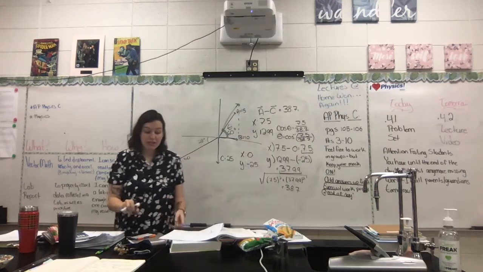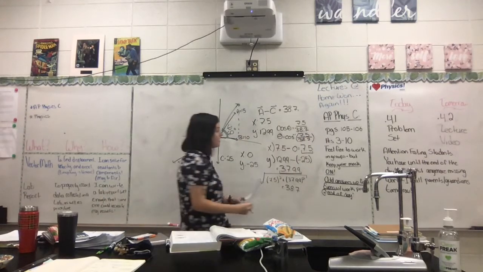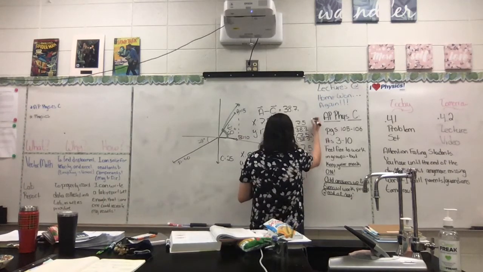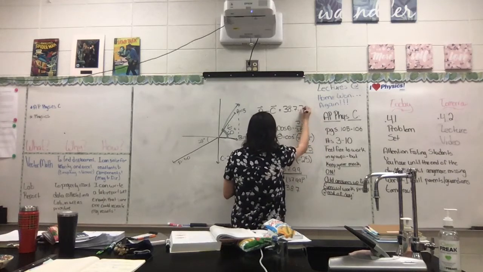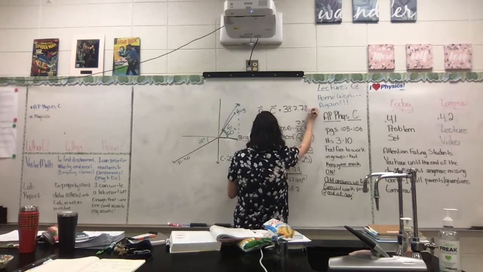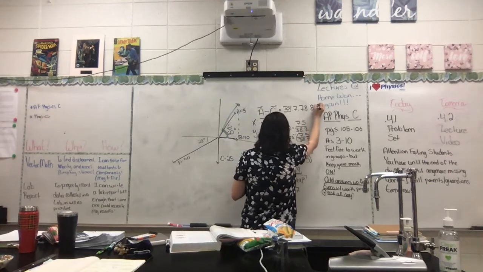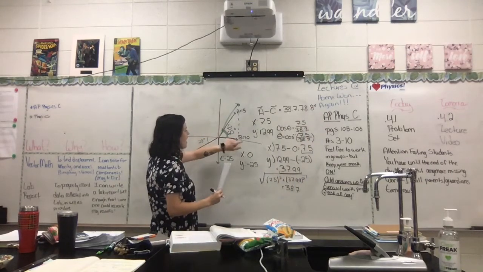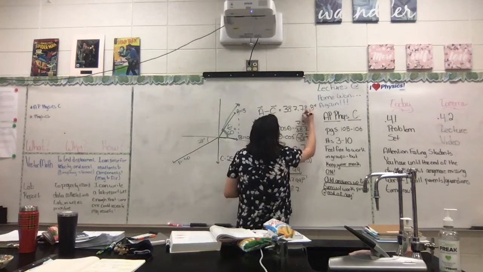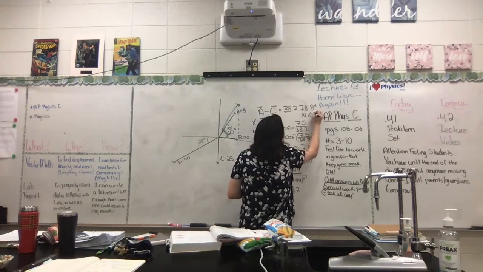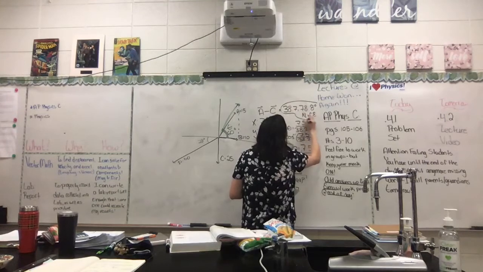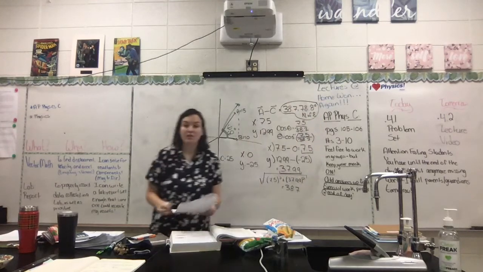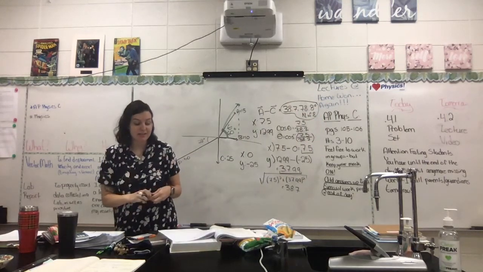Now, when we do that, we get that our angle is 78.8 degrees, and we can tell from this that that's going to be north of east. Okay, so that's how we would subtract vectors.